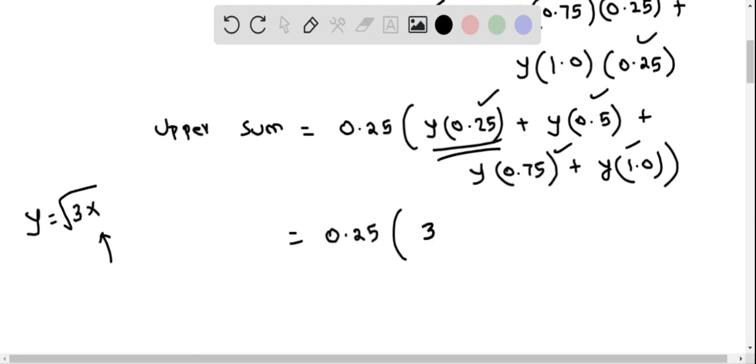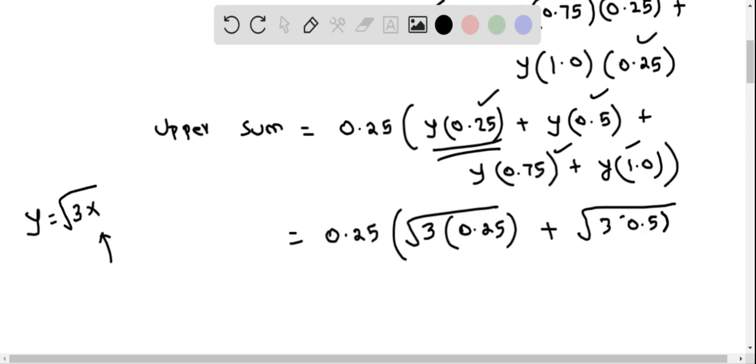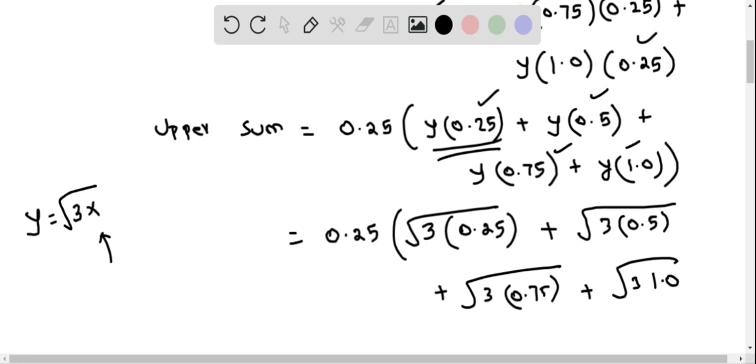So this becomes the square root of 3 times 0.25, plus for the next one, the square root of 3 times 0.5, plus the square root of 3 times 0.75, plus the square root of 3 times 1.0.